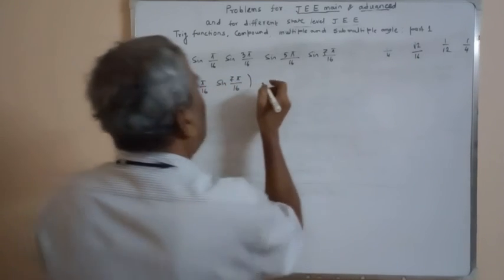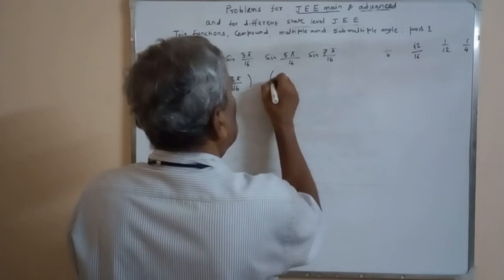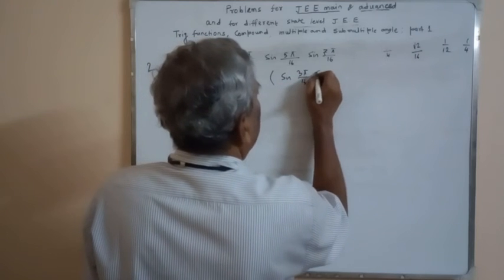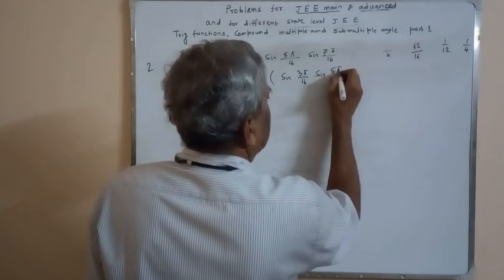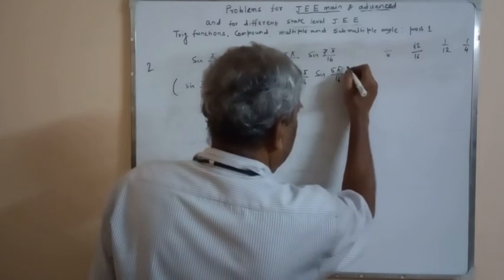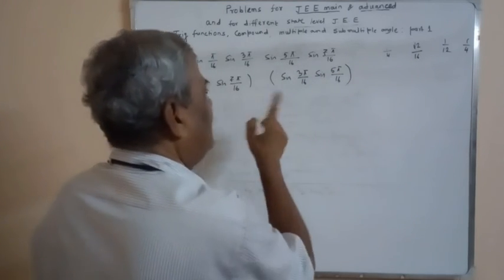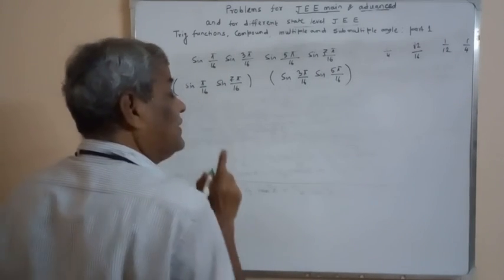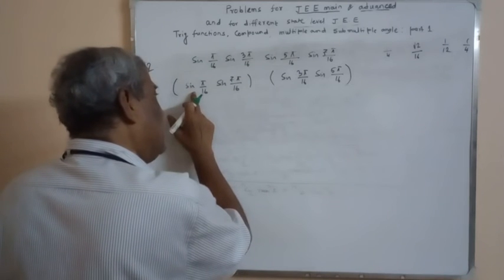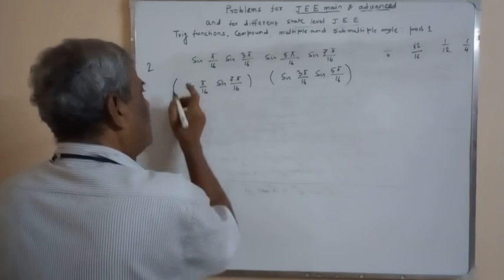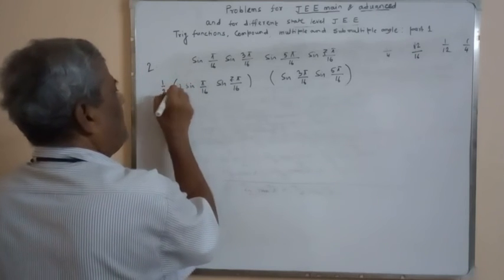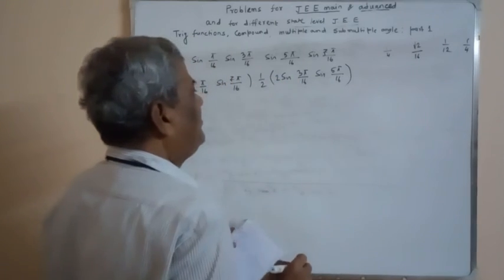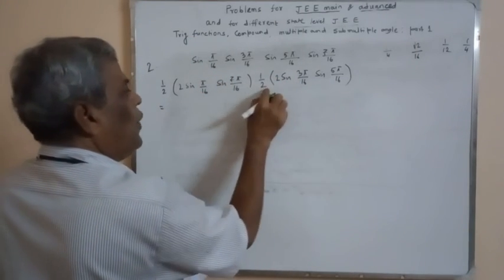Into the rest, sine 3 pi by 16 into sine 5 pi by 16; their sum is again 8 pi by 16. That's why I rearrange in that way. Now there is a formula for 2 sine A sine B, so give that 2 and adjust it, so that it is equal to 1 by 4.